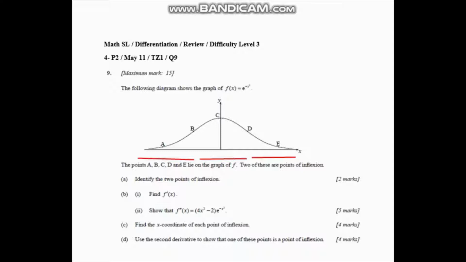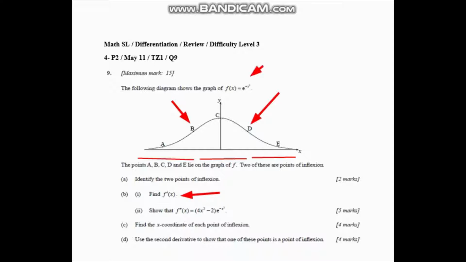So the 2 points where f double dash changes sign, in other words, the 2 points where the curve changes concavity, are the 2 points of inflection, which are B and D.